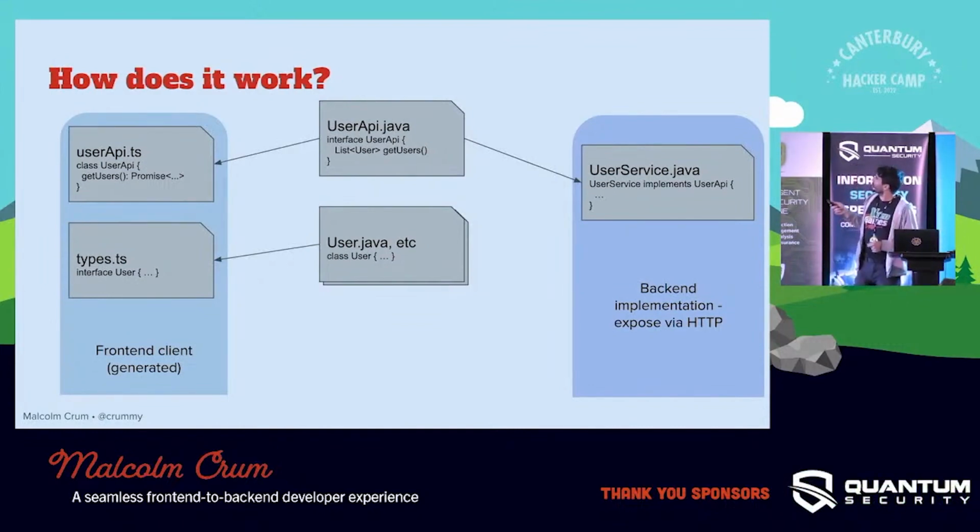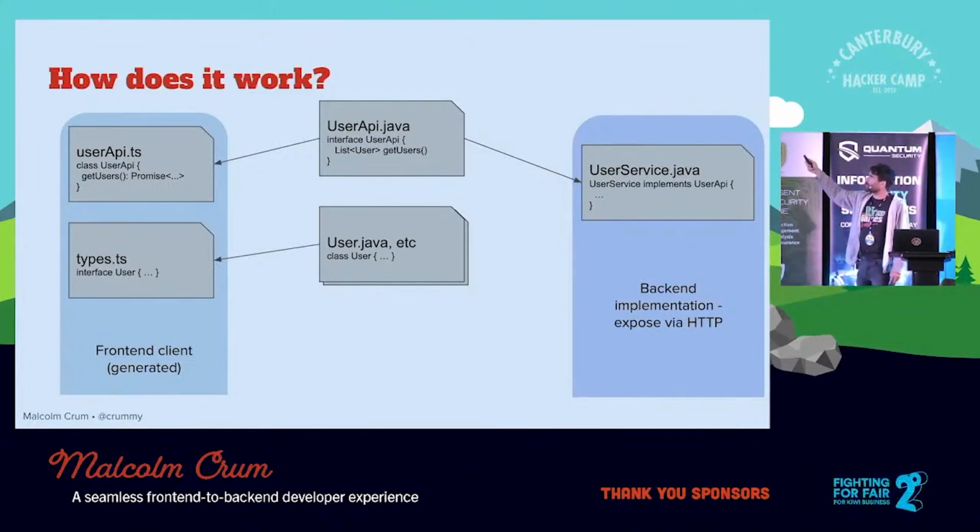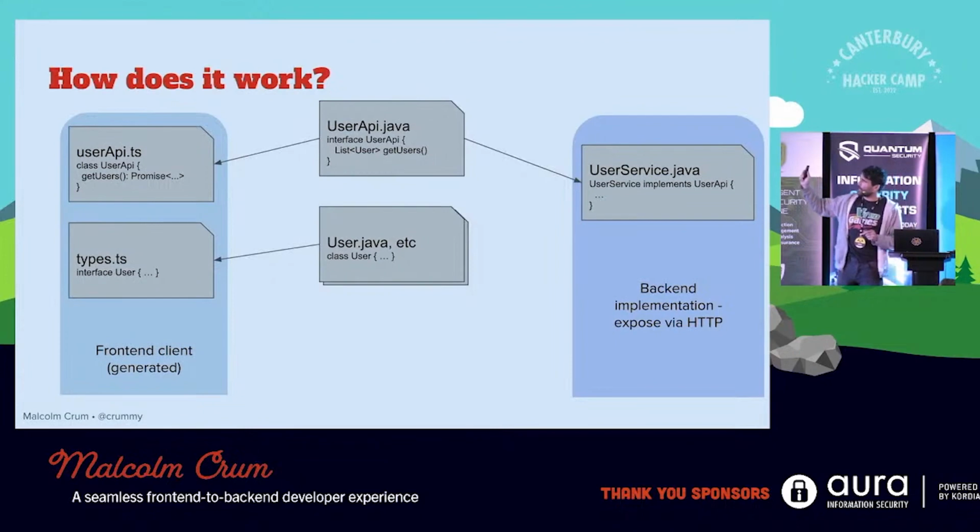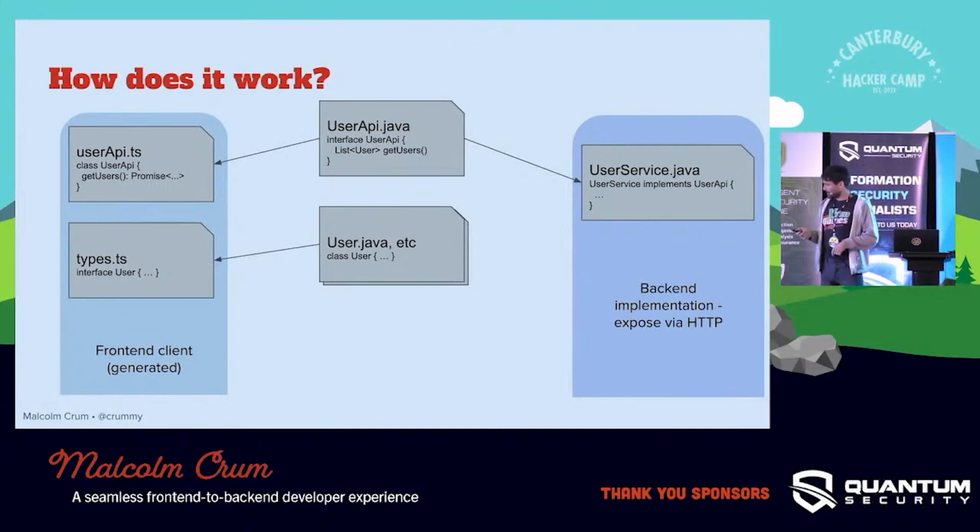On the back end, this interface is exposed via HTTP for each of the methods, and then the front end client is where a special sort of tooling comes in. The API itself turns into a TypeScript class, and each of our types is generated as an interface.